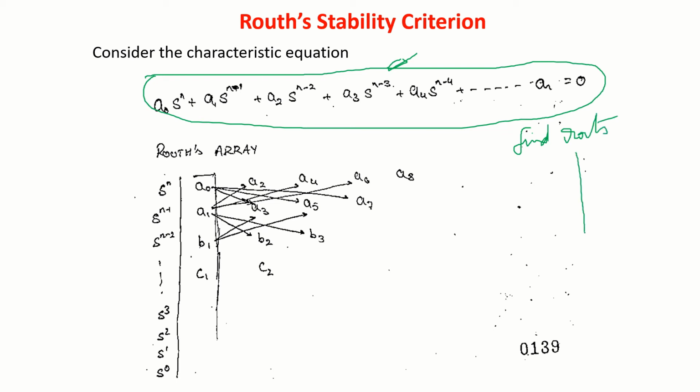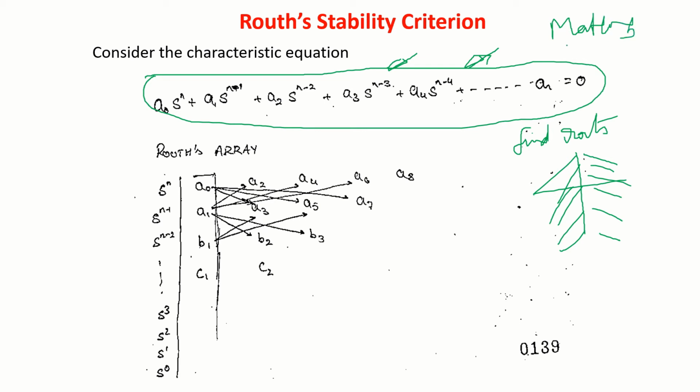If you find that the roots are all on the left hand side, then you can declare the system stable. If the roots are on the right hand side, you can declare the system unstable. But as the order increases, the number of roots also increases, and it becomes quite difficult to solve this equation and locate the roots. Nowadays we have MATLAB, so we can do so.